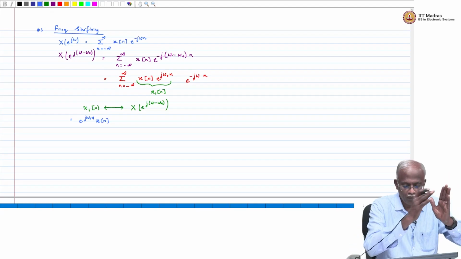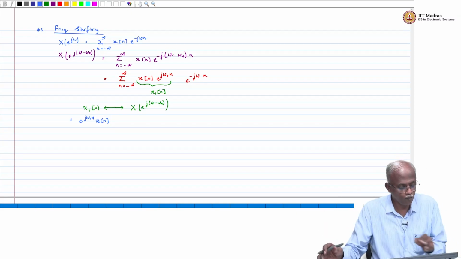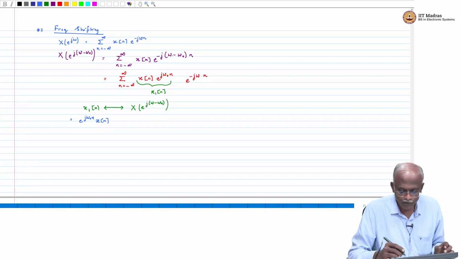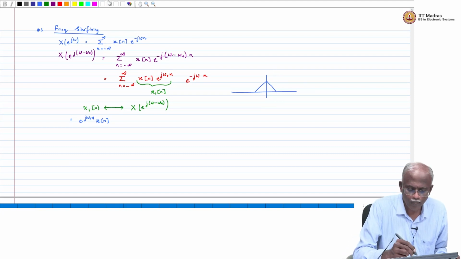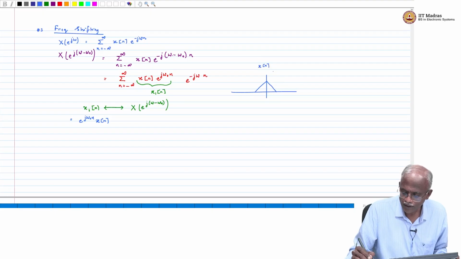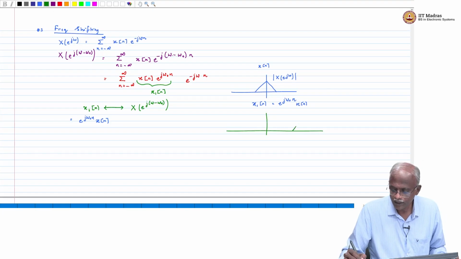So, you take the sequence multiplied by e^{jω0n}, that will shift the sequence to a center frequency of ω0. Now, supposing you have a spectrum that looks like this, if this was X(e^{jω}), the discrete time Fourier transform of x[n], then x1[n], which is equal to e^{jω0n} times x[n], will have the same spectrum but shifted to ω0.